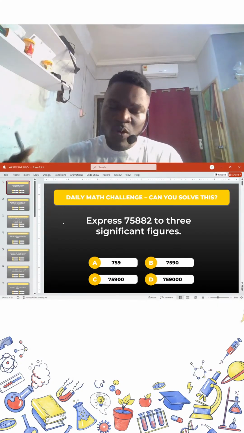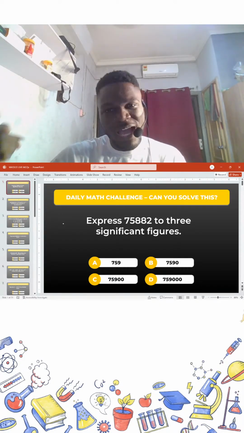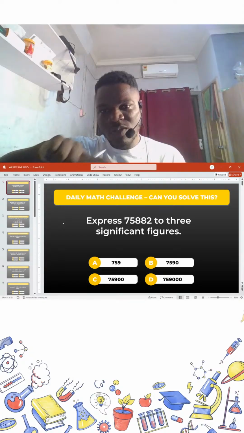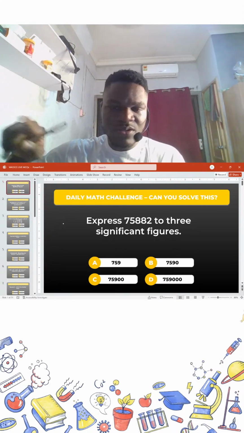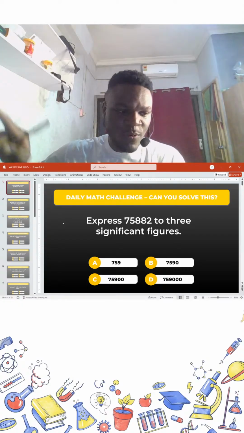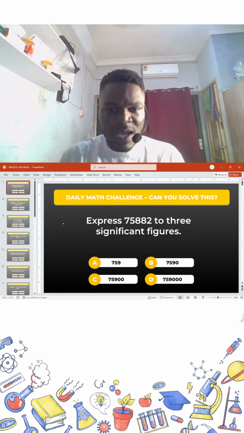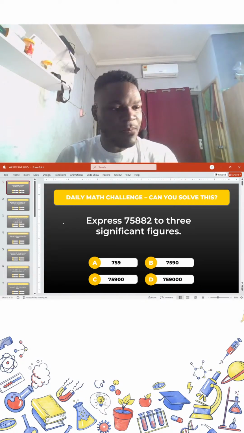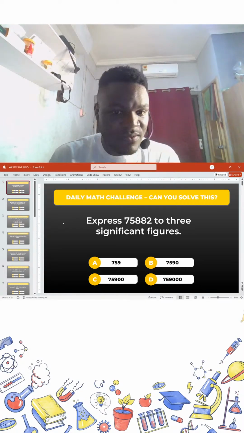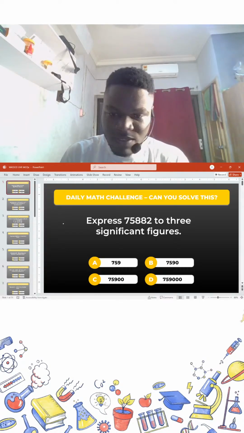Now 8 is 5 or above, so we add 1 to the 8 before, so it becomes 759. Then we make the rest 0, so it becomes 75900. And that is how come we are having option C as our correct answer. Option C, 75,900. That is the correct answer for this particular problem.